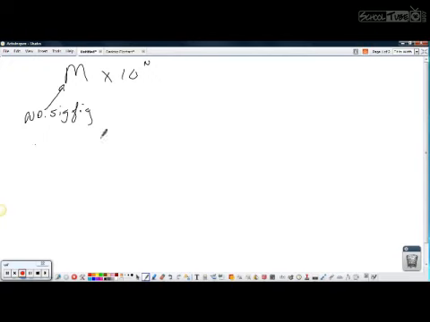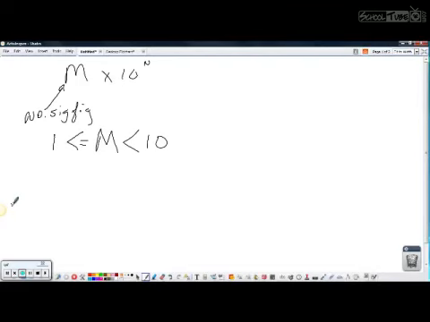And m is always equal to or greater than 1, and it is less than 10. M is greater than or equal to 1 and less than 10.